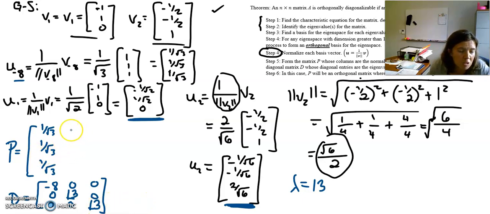And so that corresponds to these eigenvectors. -1 over the square root of 2, and this is +1 over the square root of 2? I believe so. Yes. 1 over the square root of 2. And then 0. Okay. And then U2, which is this one over here.